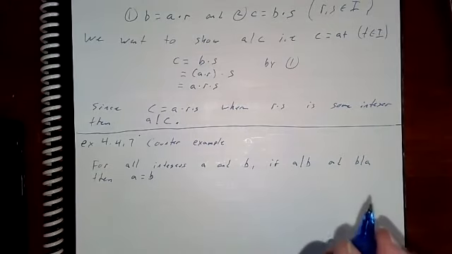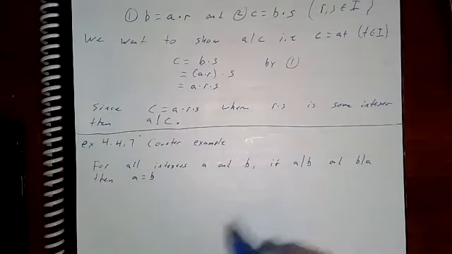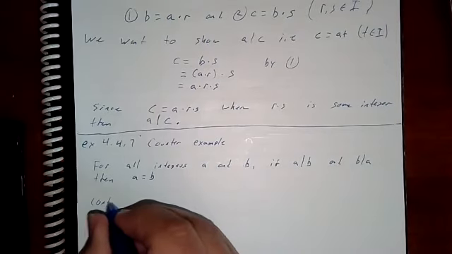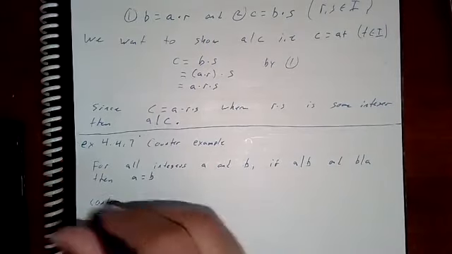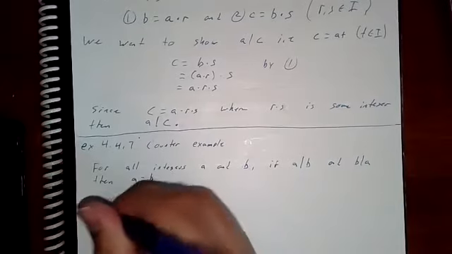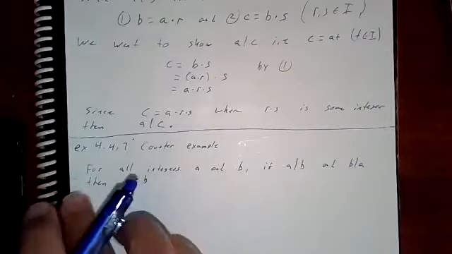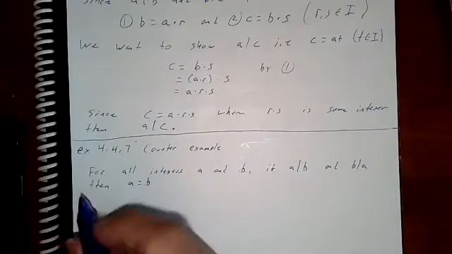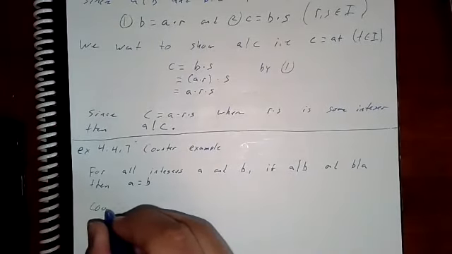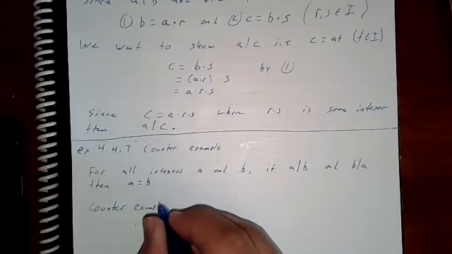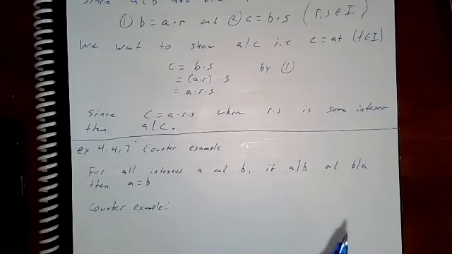There's no way to prove that, but if you tried to prove it, you're going to see it wouldn't make any sense. So the counterexample is a little easier to do. So just think of some numbers here that will show if it's true.